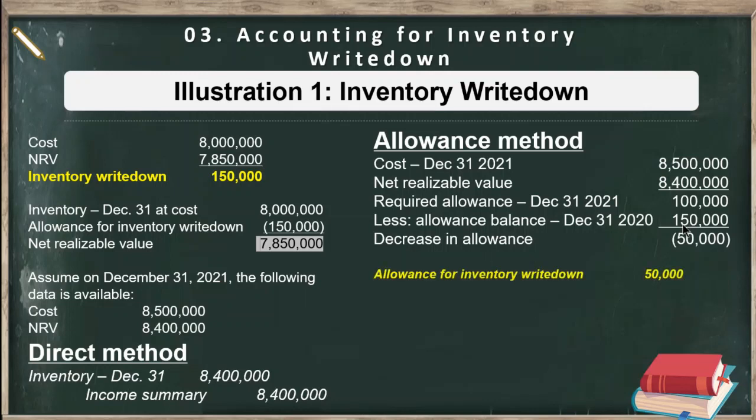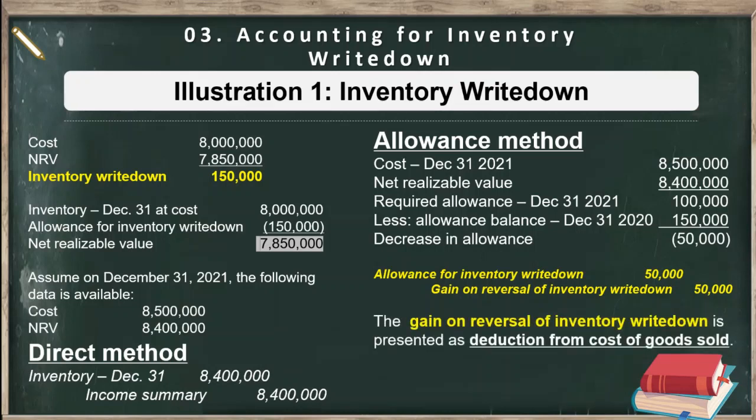So the entry to reduce the allowance, we're going to debit allowance for inventory write-down and then credit gain on reversal of inventory write-down. This gain on reversal of inventory write-down is presented as a deduction from the cost of goods sold.